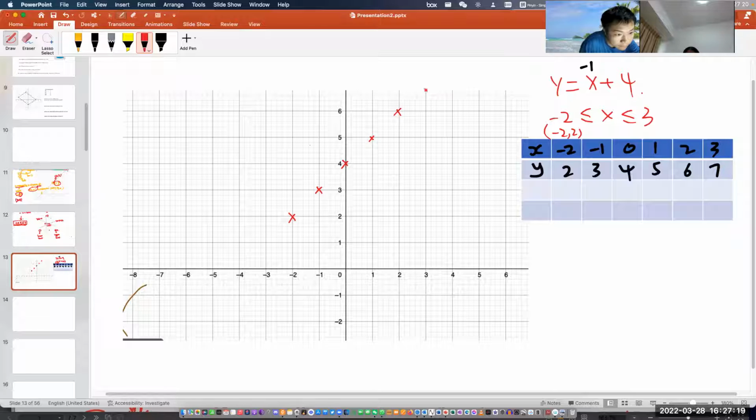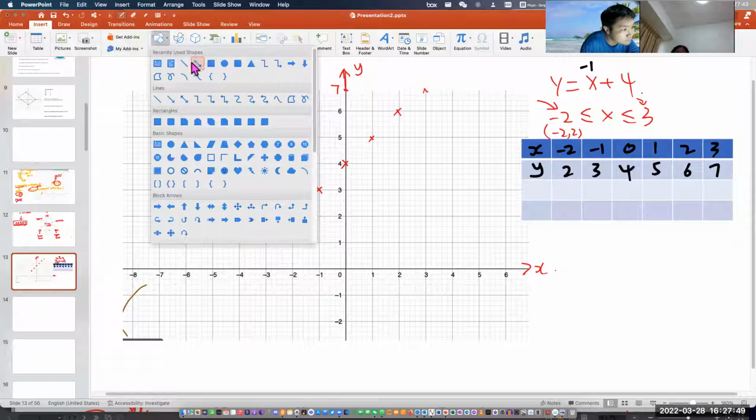(3, 7). Okay, it looks like I have to accommodate -2 to 3 for the x values, so I have to crop out a bigger graph paper. Then after that, just link up the points.